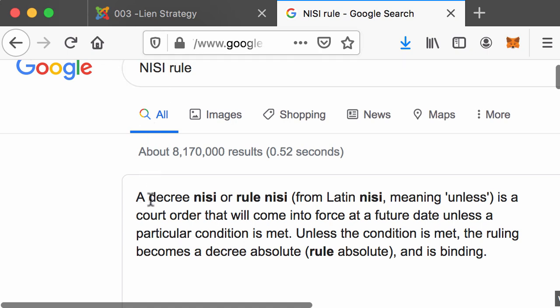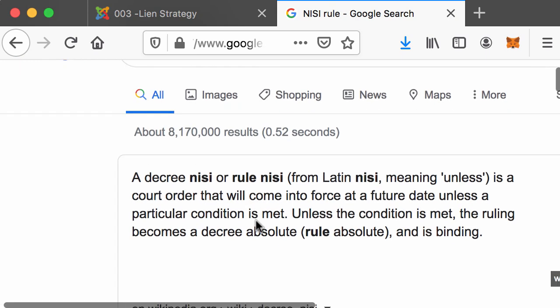Nisi rule. A decree nisi or rule nisi, from Latin nisi, meaning unless, is a court order that will come into force at a future date unless a particular condition is met. Unless the condition is met, the ruling becomes a decree absolute, rule absolute, and is binding.